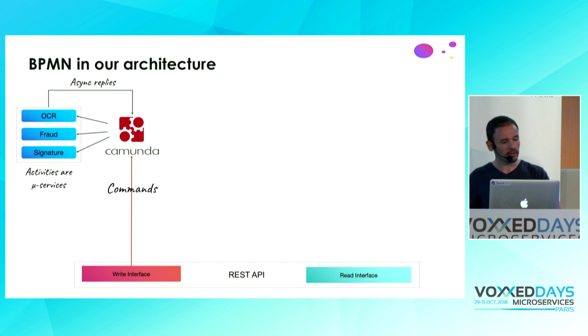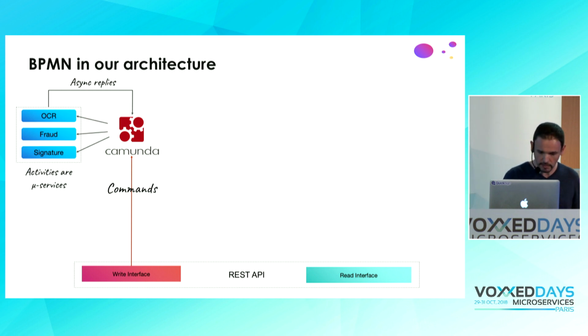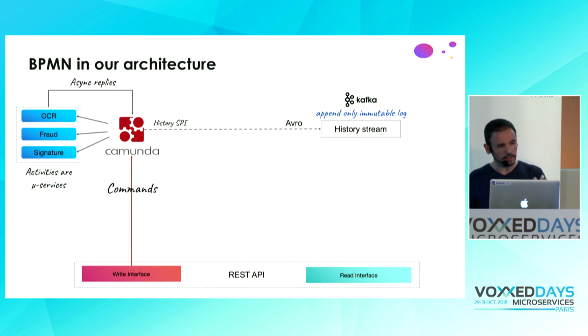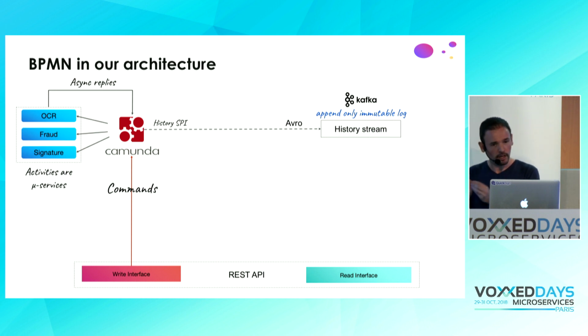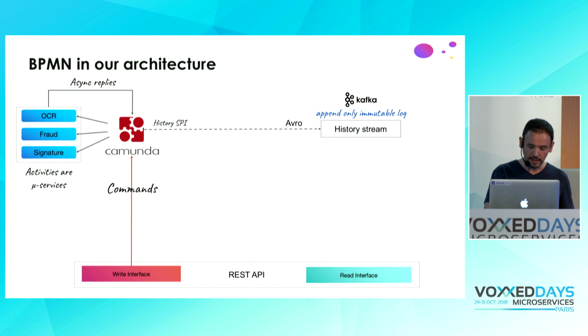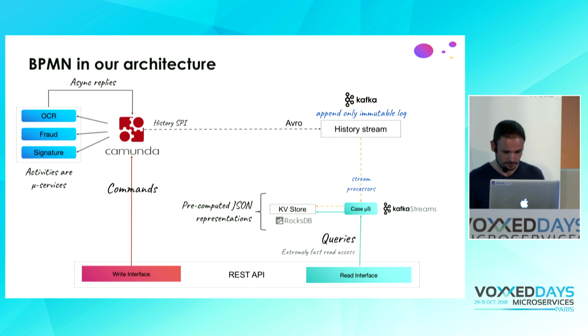And sometimes you have async replies. Some of our microservices are synchronous, others are asynchronous. Anyway, our Camunda engine generates technical events using an SPI, which is available in Camunda, that we leverage to generate all the technical events, tracing the move of the token in the process instance, to a topic in Kafka that we listen to.